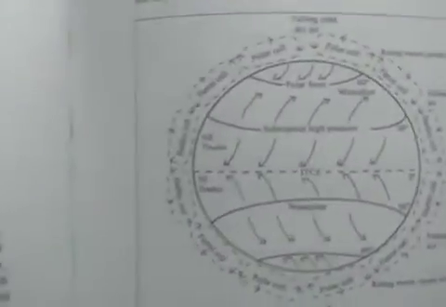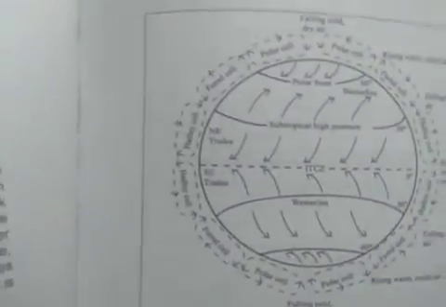This is termed as the apparent movement of the Sun. All pressure and wind belts shift to the north during summer in the northern hemisphere, and to the south during winter in the northern hemisphere or summer in the southern hemisphere. Hence, the shifting of pressure and wind belts is directly related to the apparent movement of the Sun.